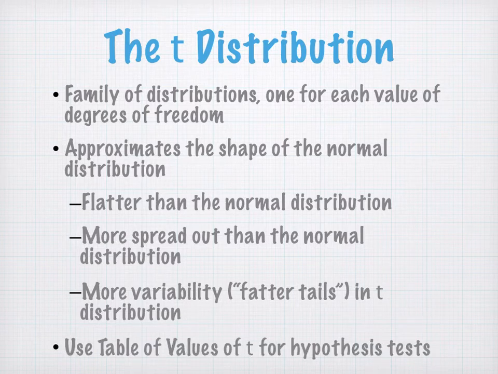And so what we'll use is the table of values for the T for our hypothesis test. So if you look in the back of your textbook, you're going to have a T distribution table there to look at. And on the exams, you'll be given the T distribution table as well. So please put a flag in your textbook because you're going to need to be looking at that.